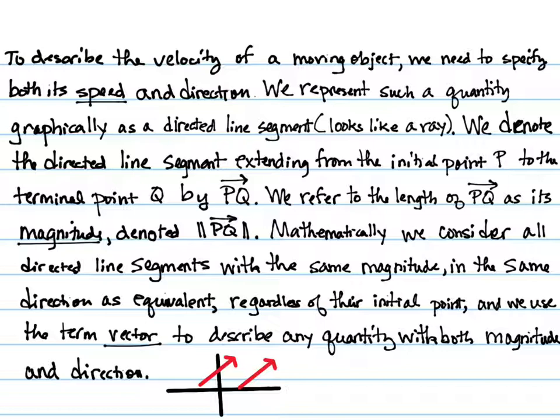It doesn't matter where they start or where they're located. The location is not what makes it the vector, it's its length, the magnitude, and its direction. So these are equivalent vectors. Okay, so we're going to do lots of examples. You ready? Lots of them.